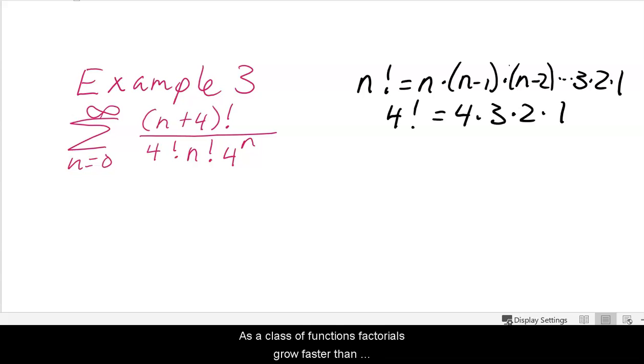As a class of functions, factorials grow faster than almost every other type of function, with the one exception of tower functions. N to the nth power grows faster than a factorial, but factorials far outgrow exponentials and other algebraic functions. Whenever you see an exclamation point inside the summand, it generally means you're going to have to use the ratio test.